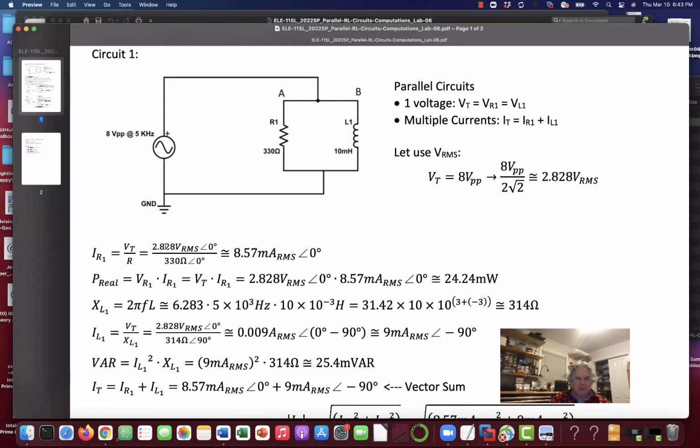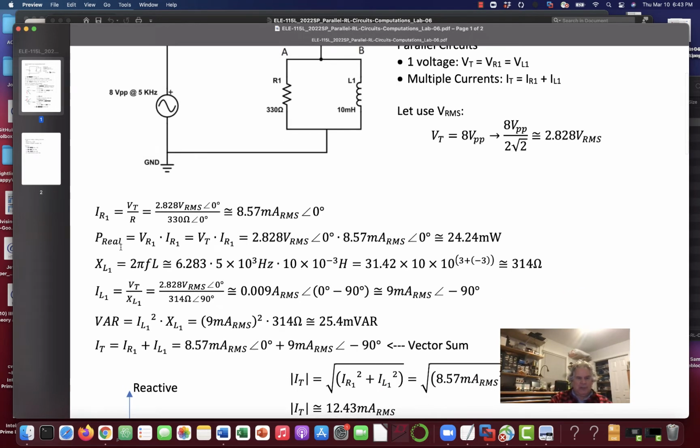So we have 2.828 volts RMS at 0 degrees, because our sources are always at 0 degrees, divided by 330 ohms at 0 degrees. Resistors are 0 degrees. And we come up with 8.57 milliamps RMS, again keeping it all the way through, at an angle of 0, because 0 minus 0 is 0.